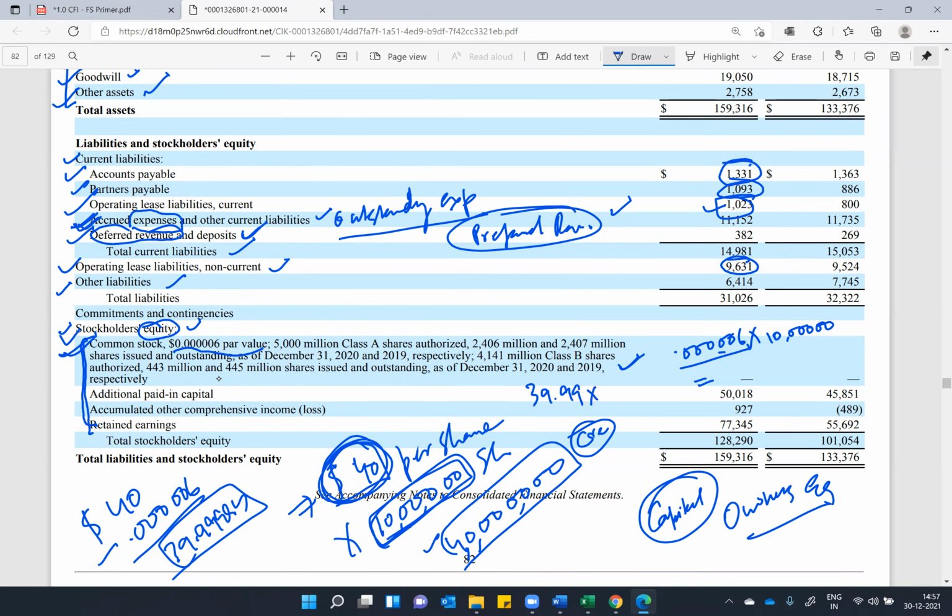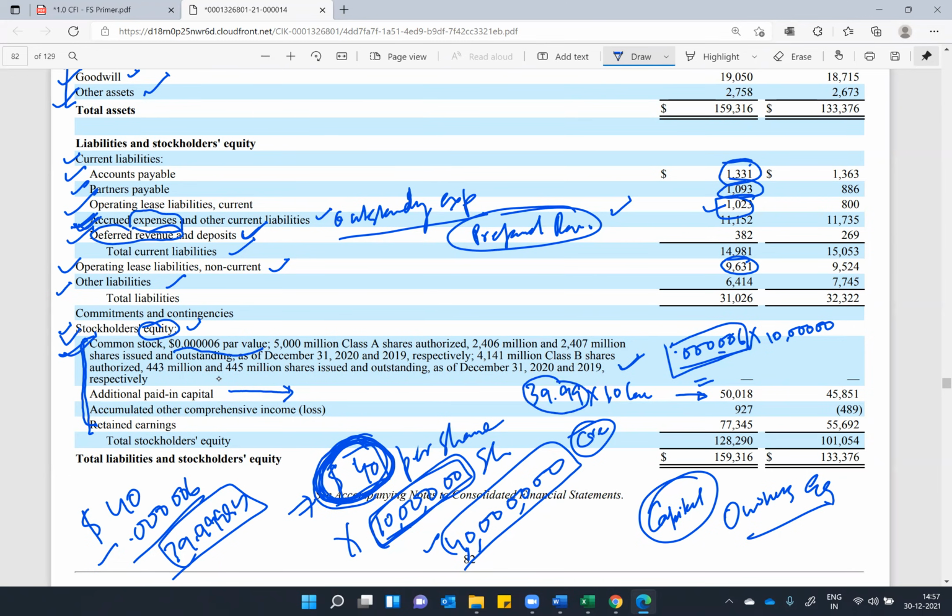This amount, 39.99 into 10 lakh shares, will come in additional paid in capital, which is a premium that you have charged from the investors. You have issued one share at a rate of $40, and you have given a par value of just 0.000006.